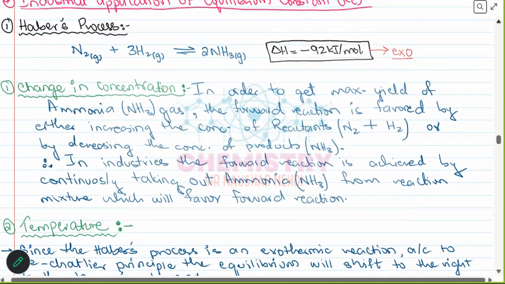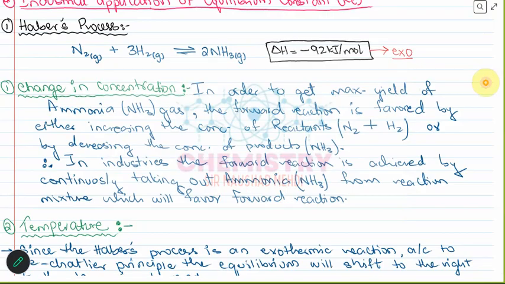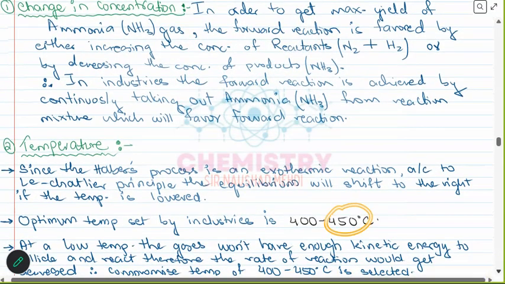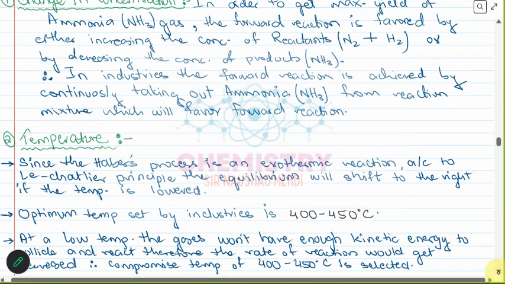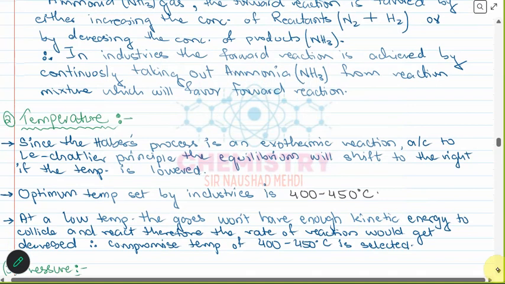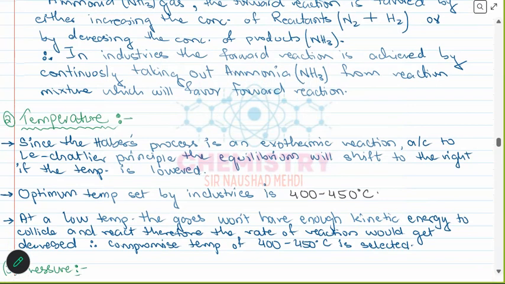Because the more you lower the temperature, the more it will take the reaction in the forward direction. So why have the industries selected up to 450 degrees Celsius? Why are they not further lowering it down? Did you understand the question? Yes, did you understand the question?